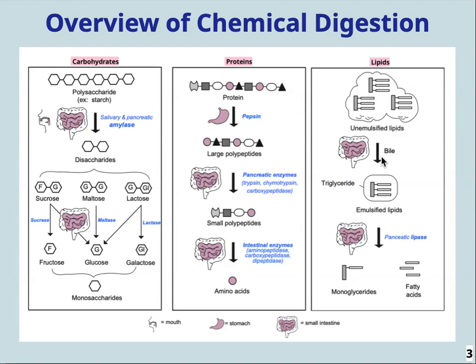We have a video later in this lecture that explains very well how bile acts on larger blobs of lipids, forming emulsified lipid, which are smaller chunks that allow lipase to then act and chemically break down individual triglyceride molecules into their constituents, meaning monoglycerides and fatty acids. These are the forms that are absorbed in our body.